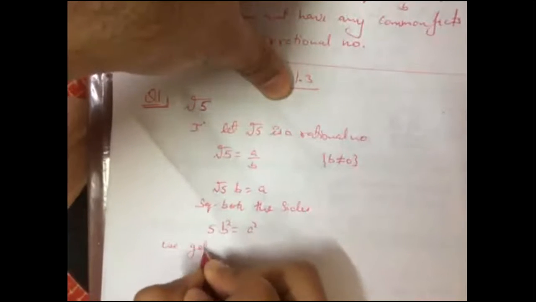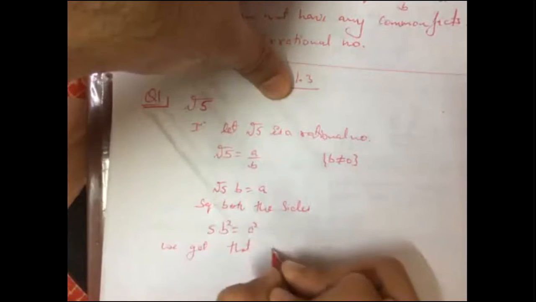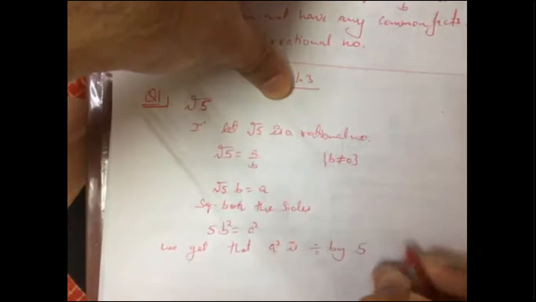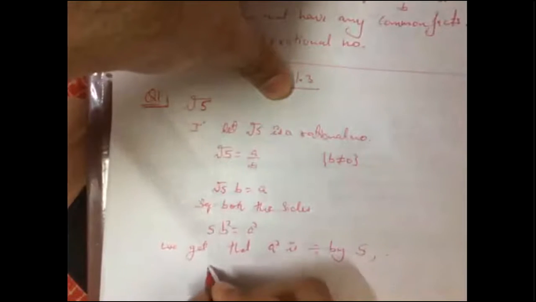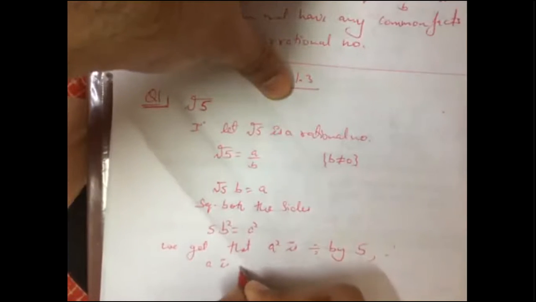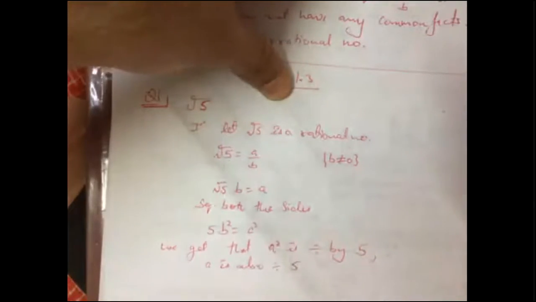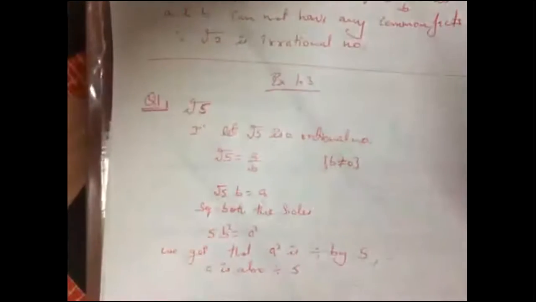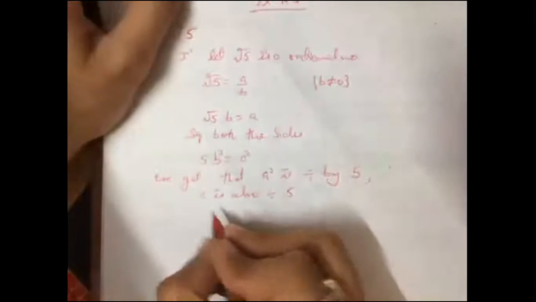We get that a square is divisible by 5. Therefore, a is also divisible by 5. If a square is divisible by 5, that means a is also divisible by 5.